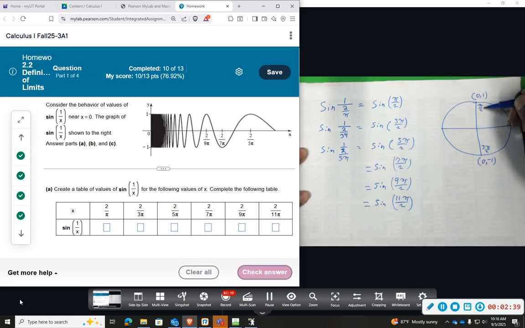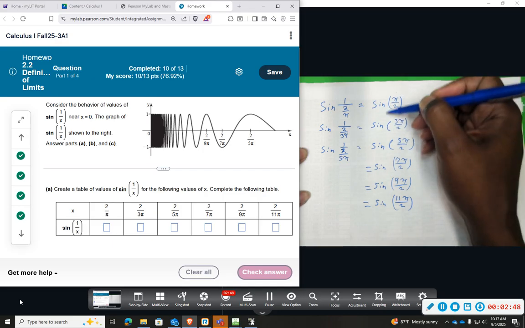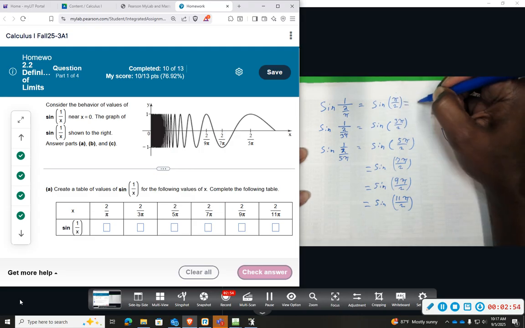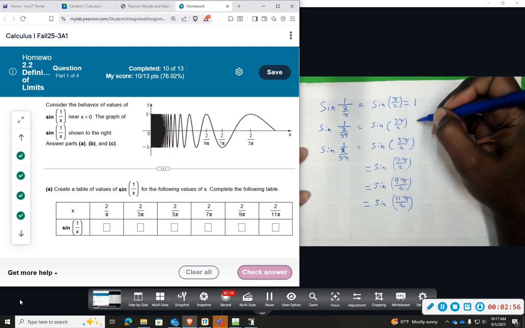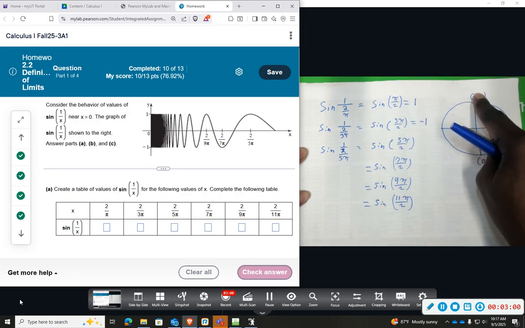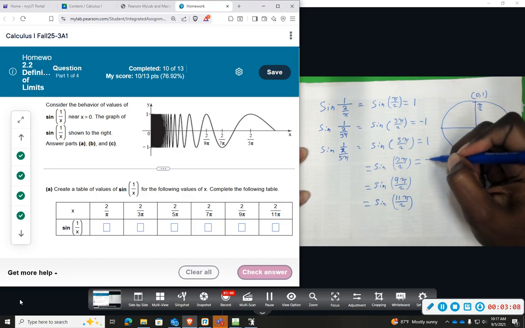So if I added pi here, the next one will give me the 5 pi over 2. It's basically like I'm going in a circle, and each time I hit the next number. Sine is the y value, so this gives us 1. This value gives us negative 1, and then the next unit would land me right back here, so 5 pi over 2 will give me 1 again. 7 pi over 2 would end up here, giving me negative 1.